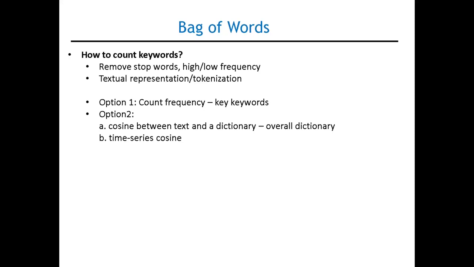Another is you represent the whole text as a vector based on a keyword list, and then use the cosine of that text with your keyword list to represent the frequency of keywords. I don't want to go too much into details about this, but even to count keywords you have two options, and most people do option one.